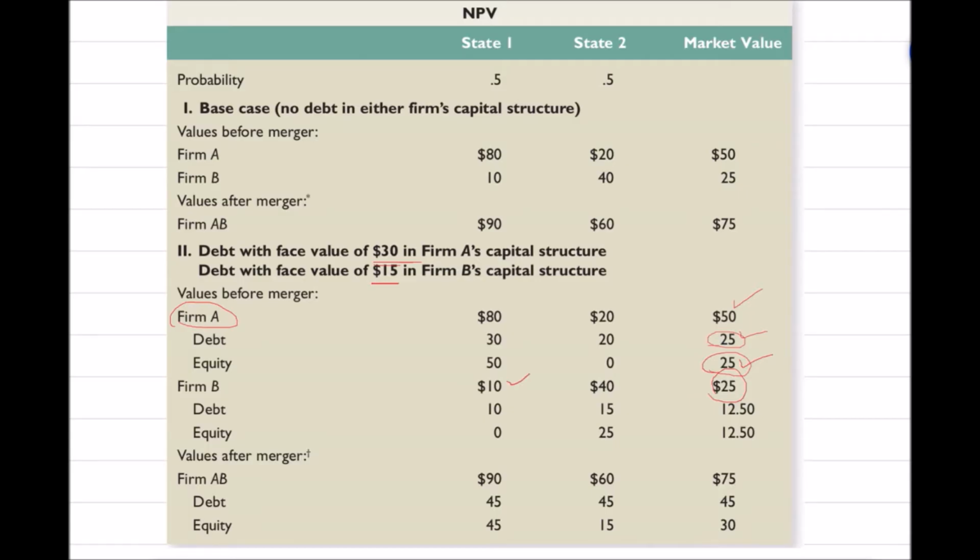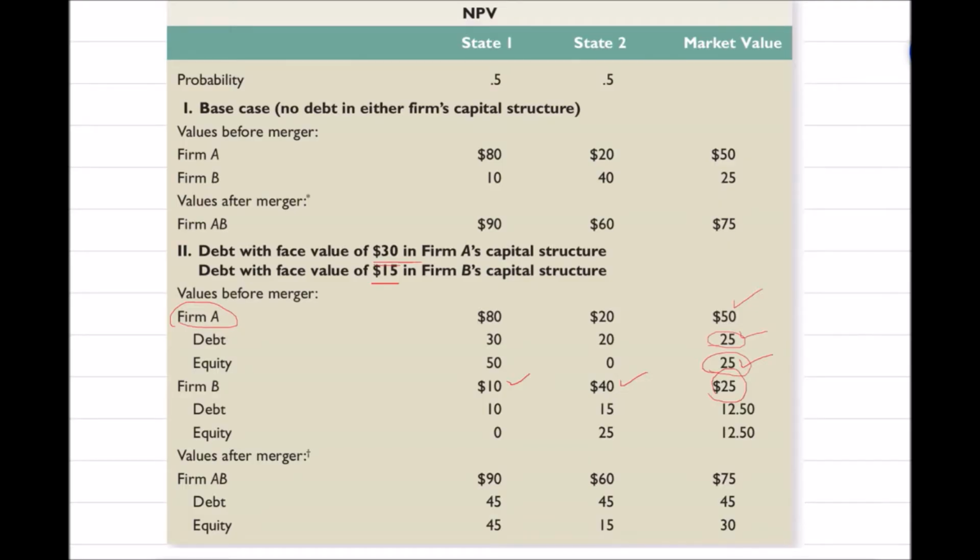You can multiply these with their probabilities and add them up to have this 25. And 50% of that belongs to debt holders and 50% of that belongs to equity holders. Now we will combine these two firms.